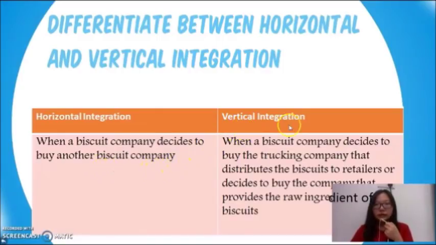While vertical integration is when a biscuit company decides to buy the trucking company that distributes the biscuits to retailers, or decides to buy the company that provides the raw materials for the biscuits. From this example, we can see that the biscuit company combines backward integration and forward integration together. So these are the differences between horizontal integration and vertical integration.